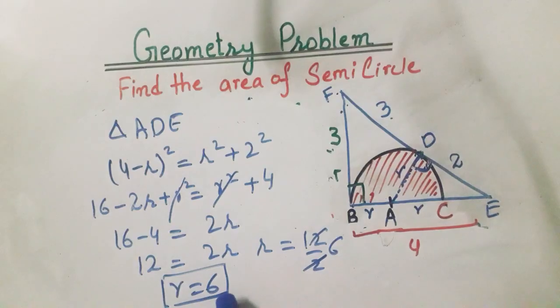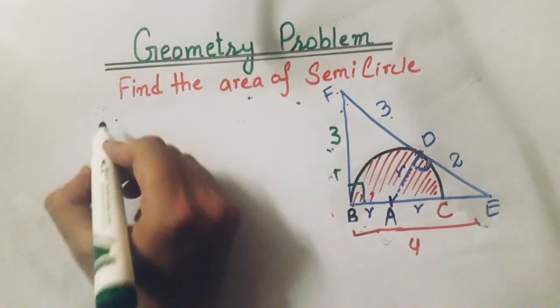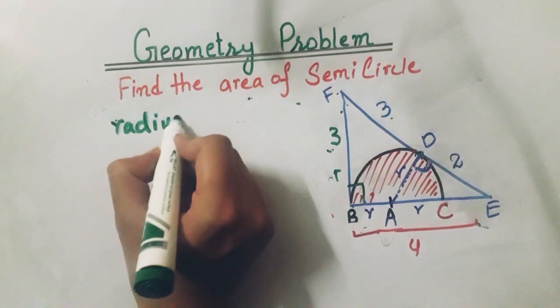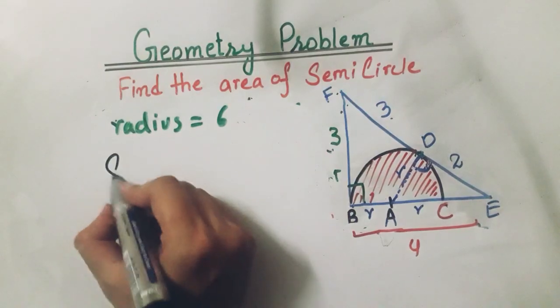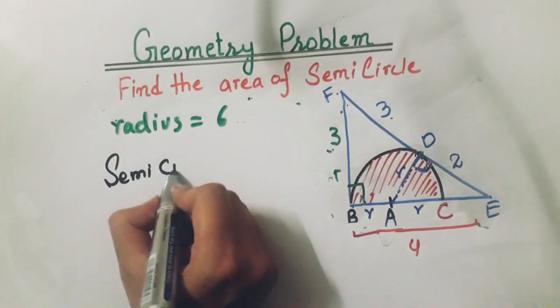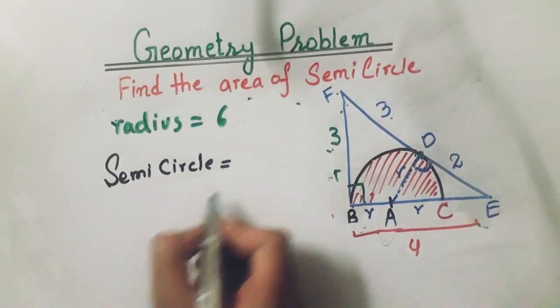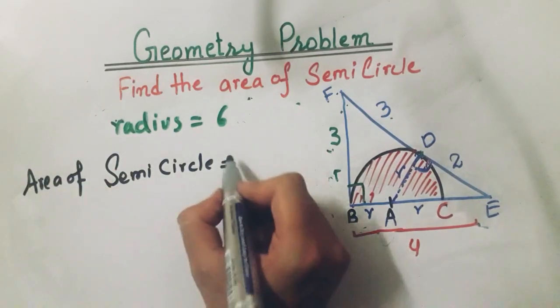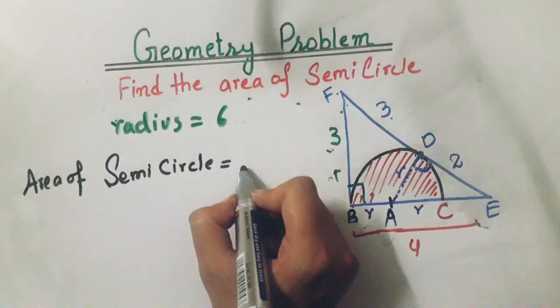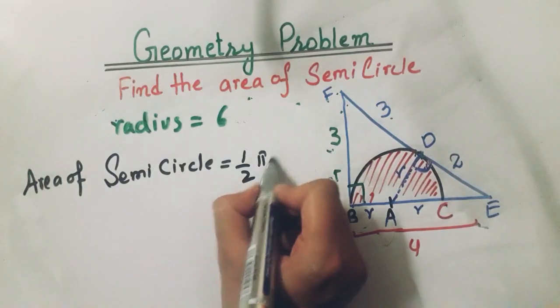Now after finding the radius value, we can easily find the area of the semicircle. So radius equals 6. Now the semicircle area is 1 by 2 pi R square.